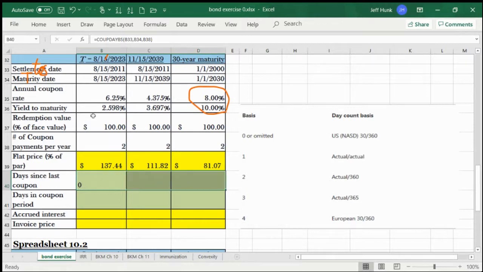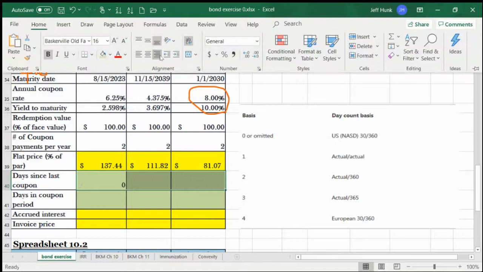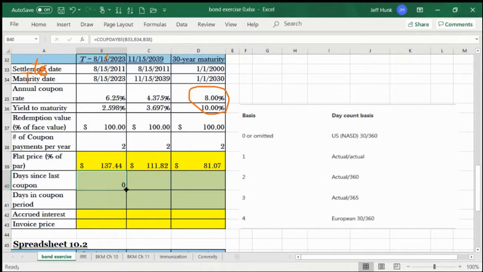0 days have passed. This, because it's 8:15, 0 days have passed. As I said, all numbers will have to be not automatically right aligned, but this one. And you don't have to do it again. You can simply, right?